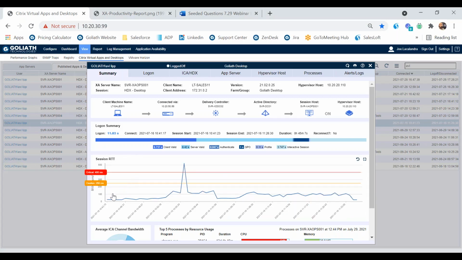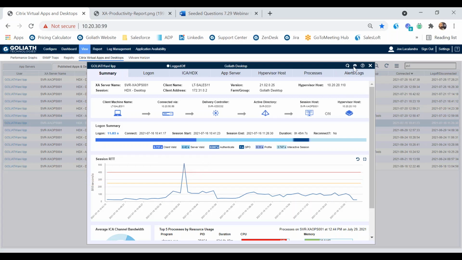So to be able to click in here and track and trend exactly what this user's performance was for the time frame of their session is really powerful, as opposed to just looking at a single point in time where this user may not have been having issues. I can go back and look and definitively say that this user was having a problem at 10:56.